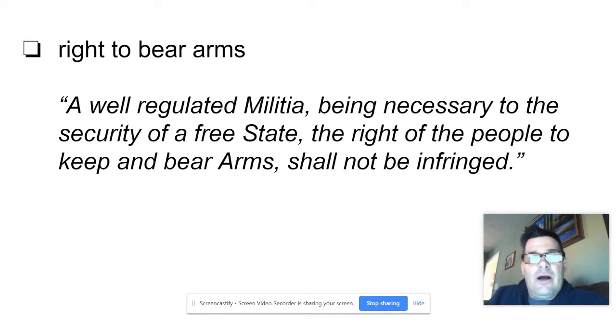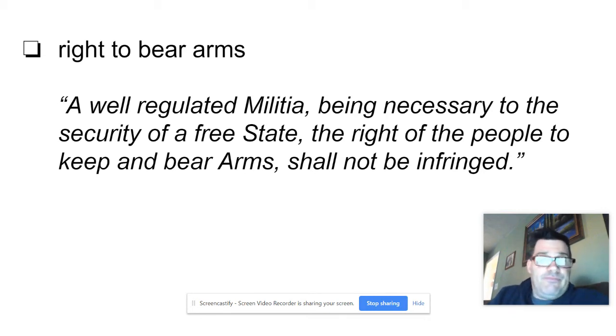But also, the idea of owning a weapon, a well-regulated militia. The militia was nothing more than a group of dudes with guns. I mean, that's all it really was. So this has been mostly in our history considered an individual right, but there is debate over that.